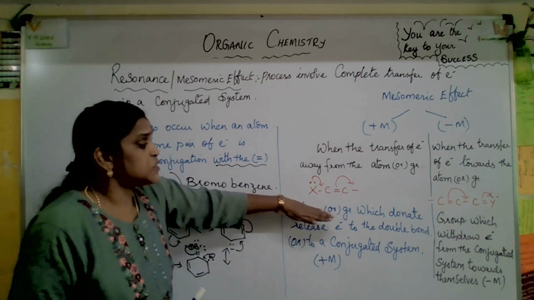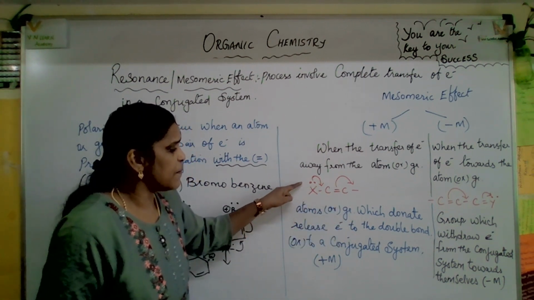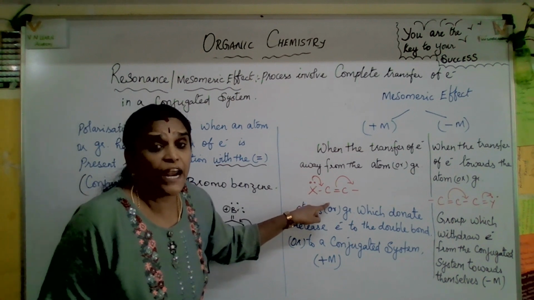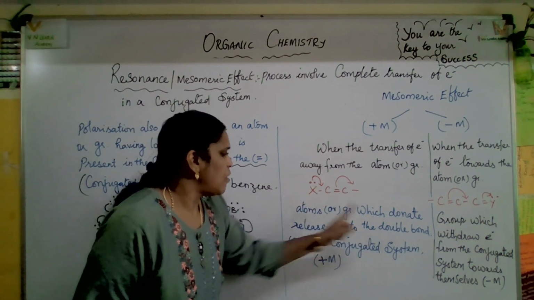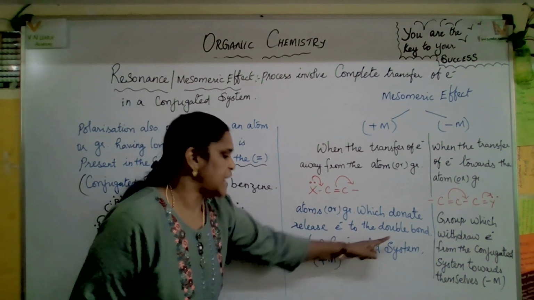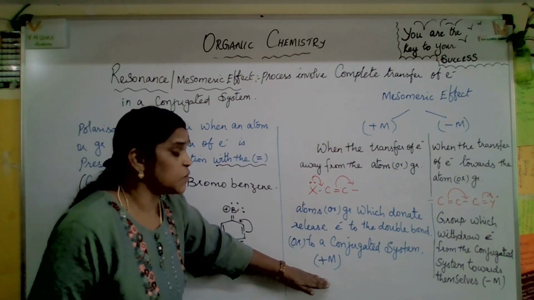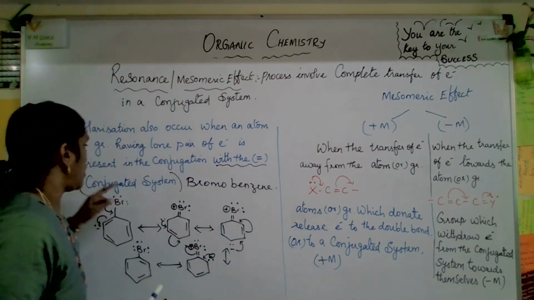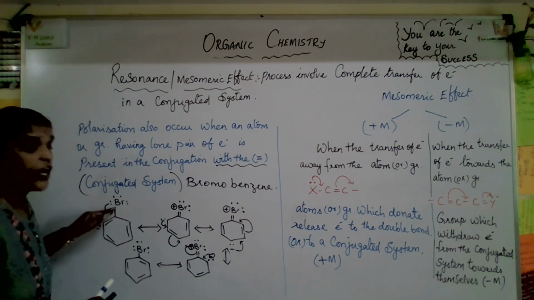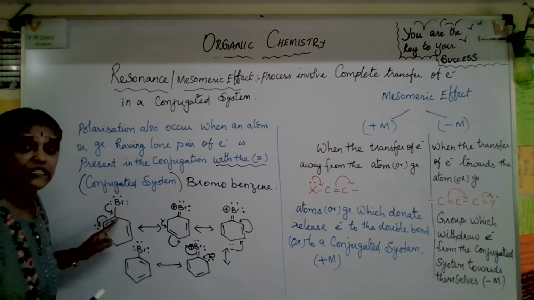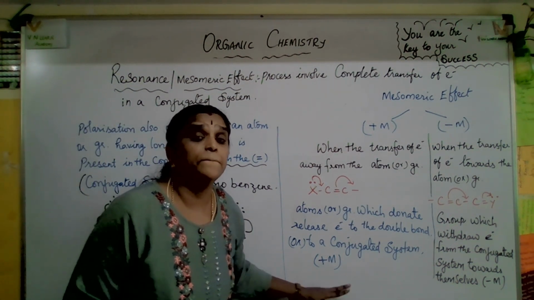The lone pair of electrons is donating to that carbon, so that will become a double bond. That is the way we can identify plus M.